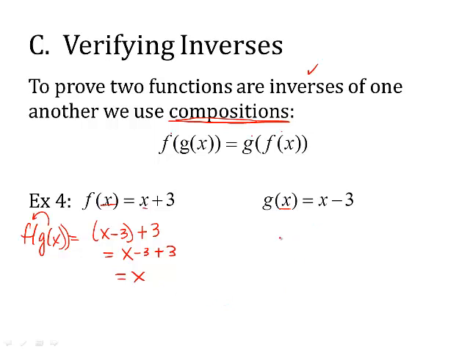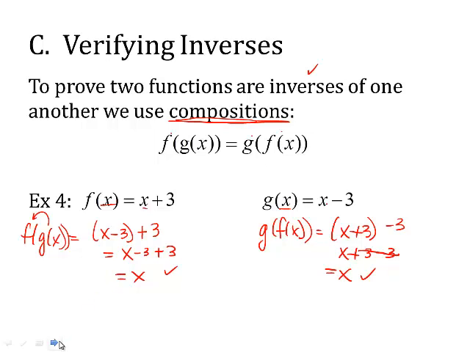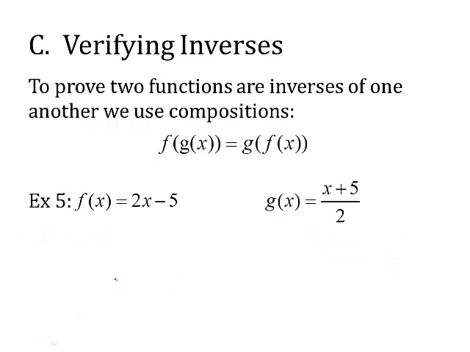Now we do the reverse, g of f of x. So I take the g function, and instead of x, I replace it with f of x. So I put x plus 3 minus 3. Simplify it, and I get x. Since they both came out to be x, they're inverses, right? Let's try another one. Same idea.